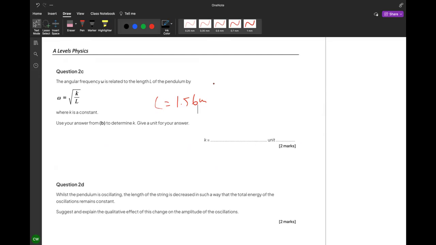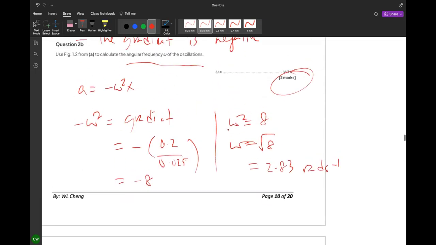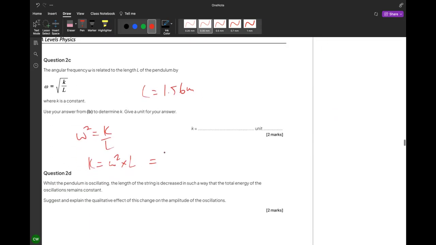Omega square equals K over L. K is omega square L. Omega square 8, 8 times 1.56 is 12.5.